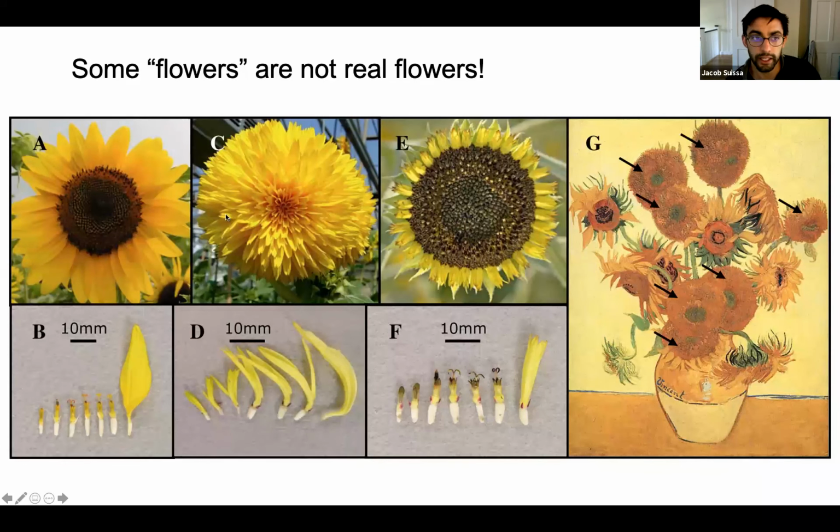But clearly, because we can modify these flowers into being either all disc or all ray flowers, it has to do with the expression patterns in those flowers, right? In the cells of those flowers. So it probably has something to do with that, but I'm not entirely sure about the actual mechanism.